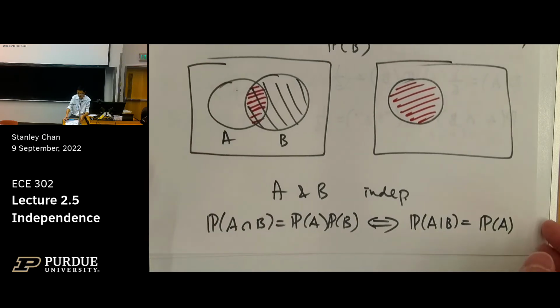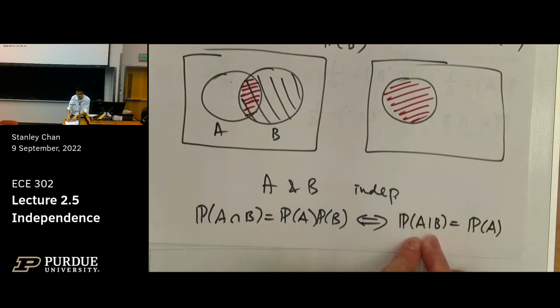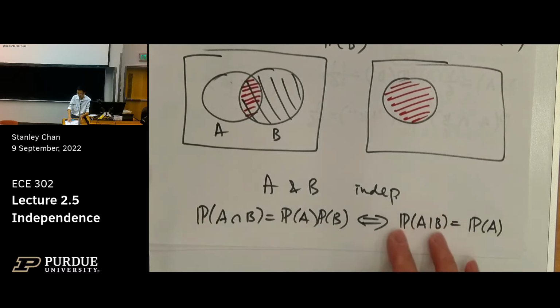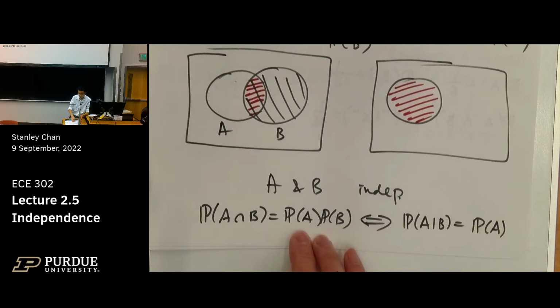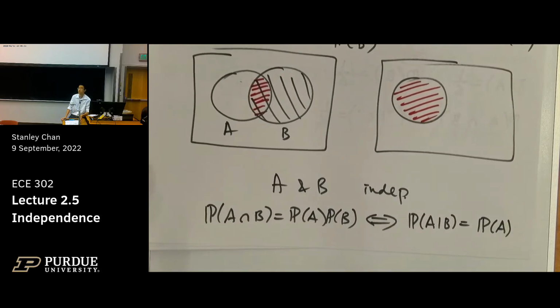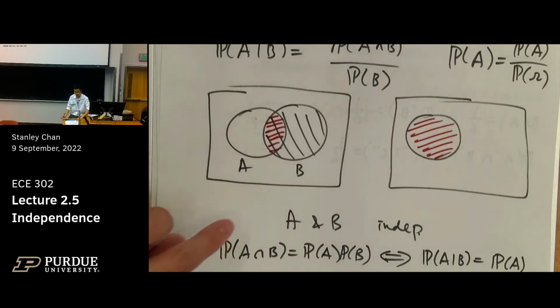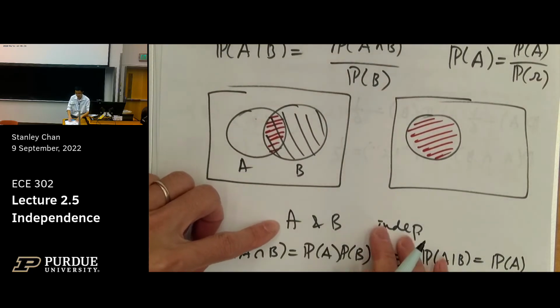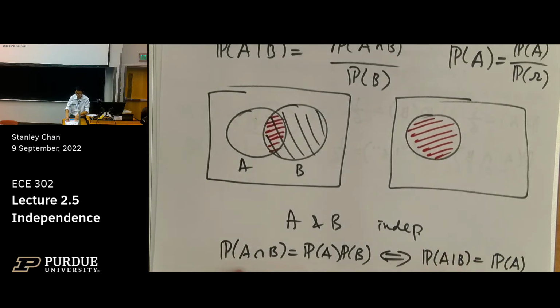Right? And the argument is that this A given B can be written as the ratio of A intersect B divided by B. Right? And so if this is the same, then that will also hold. So I'm saying that this A and B are independent if this statement is true.